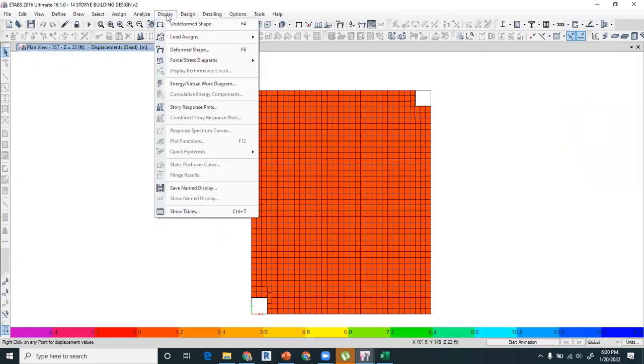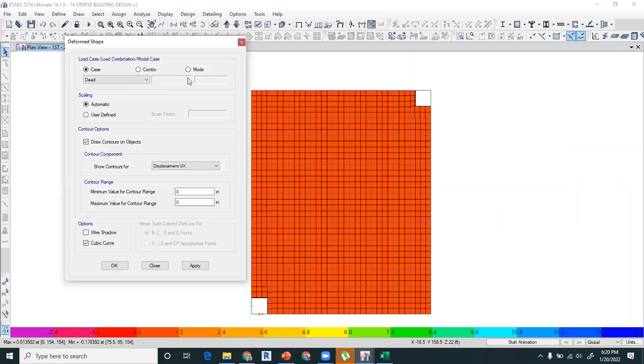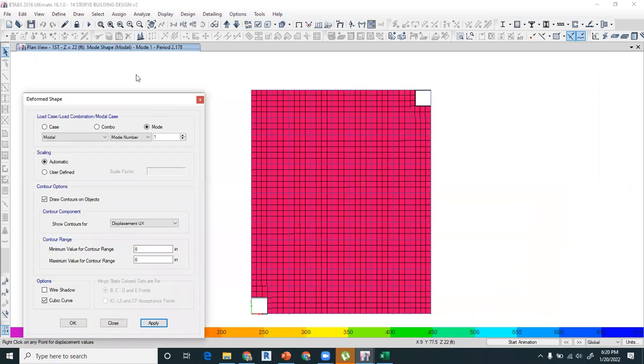You can see it by going to display, deformed shape, and click on the mode. So the first mode is actually the fundamental mode of the building. It will be the greatest one, right? So after clicking on apply, you can see on the top that in mode 1, the time period is 2.178 seconds, right?